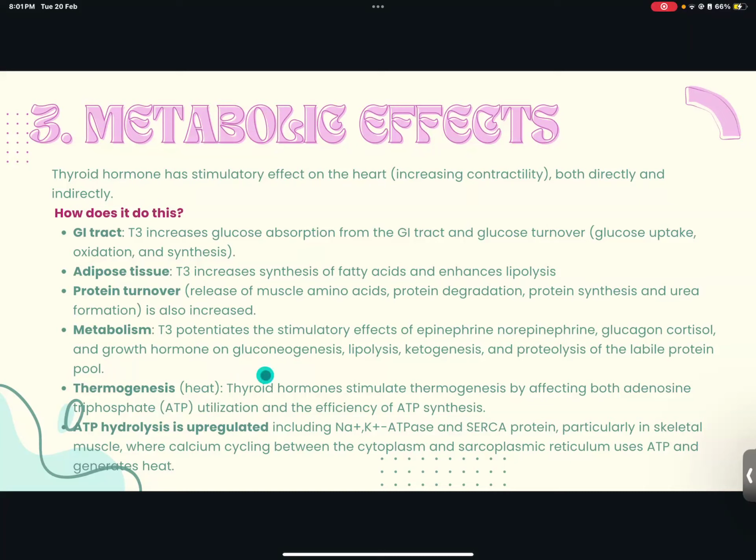So it's going to upregulate ATP usage using the sodium potassium ATPase and also the sarcoplasmic reticulum calcium ATPase, especially in skeletal muscle, where calcium is used and cycled between the sarcoplasmic reticulum and the cytoplasm.